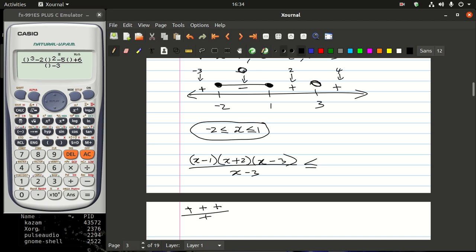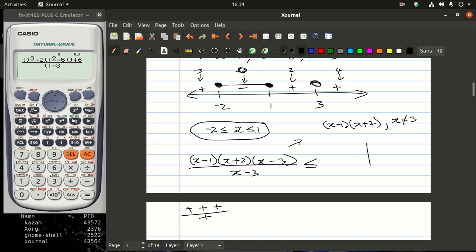Now, how will that look like? If we were to draw this, remember that this thing here is the same as x minus 1 and x plus 2. This function here is x, but x cannot be equal to 3, because if x is equal to 3, this will be 0, and we don't want to have a 0 in the denominator because it's going to make it undefined.